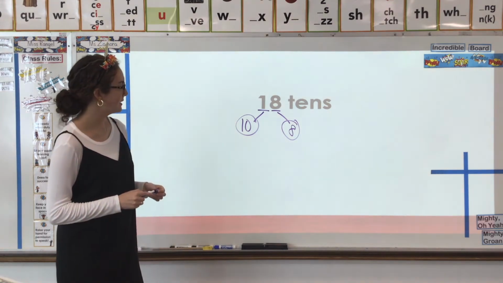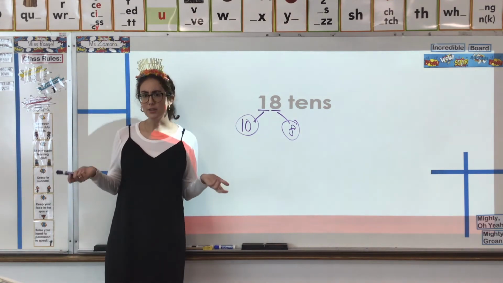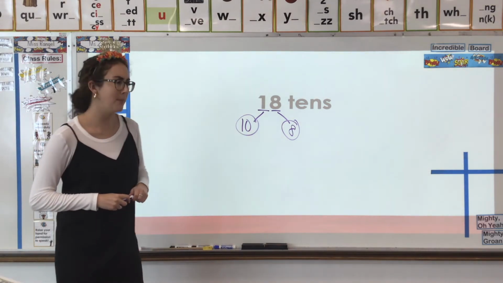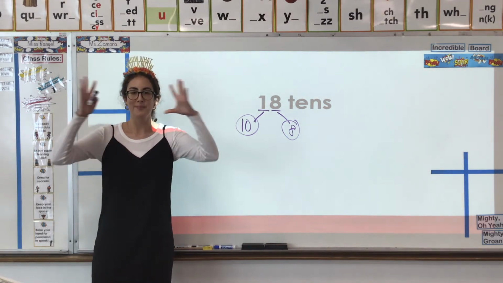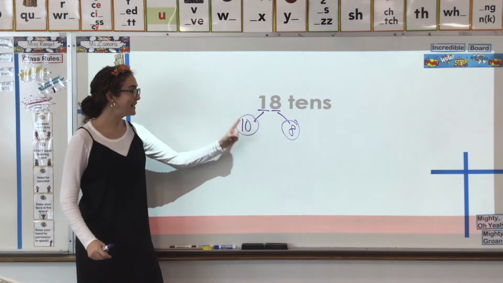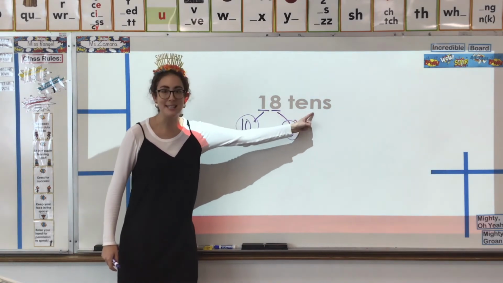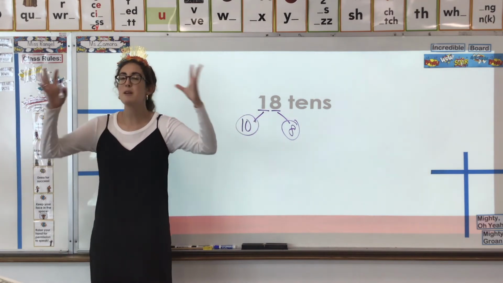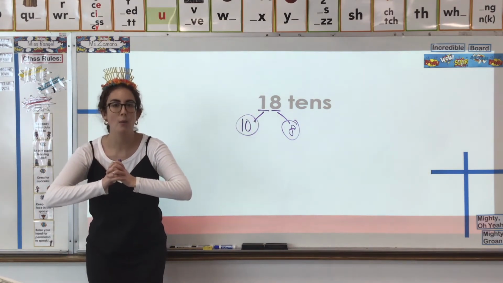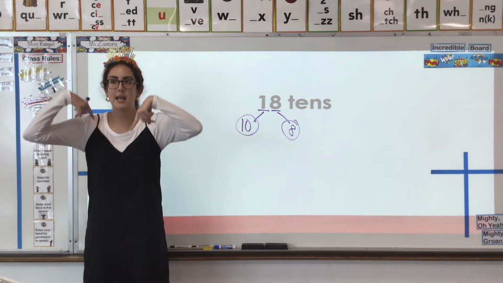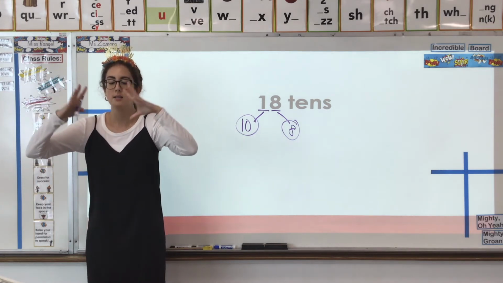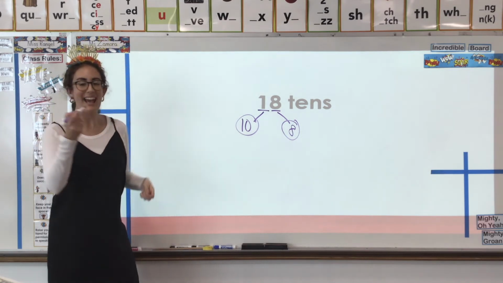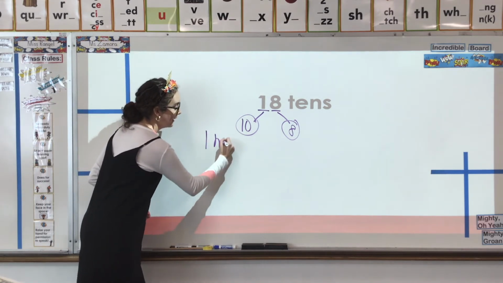But wait, can we bundle something? What can we bundle? We can bundle 10 tens. We have a group of 10 tens. When we bundle them together, what are we going to get? 10 tens becomes 100.